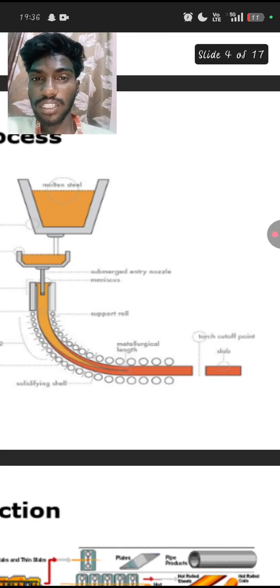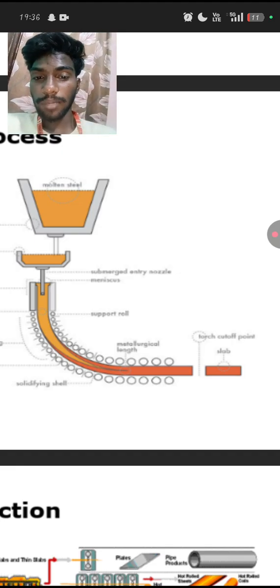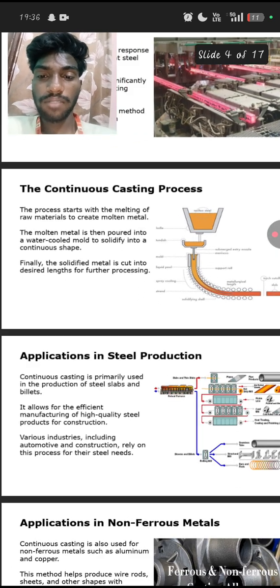Finally, the liquid molten metal converts into solid metal. It's a continuous casting process, unlike other processes.